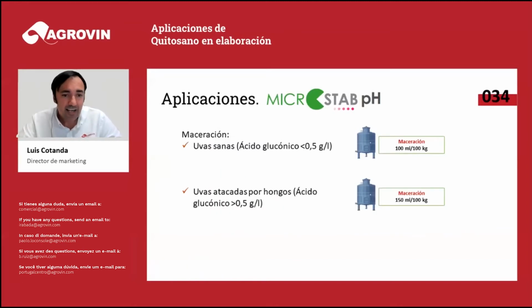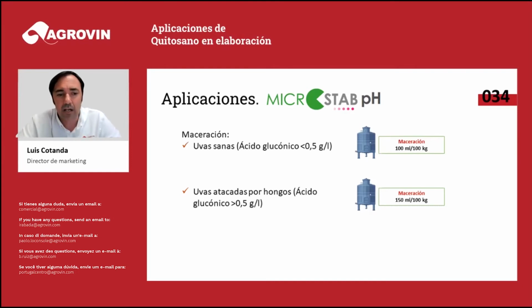As we have seen, the health quality of the grapes is going to determine the amount of microorganisms that we have present in the must, and this will enable us to know what dosages we need to use. Gluconic acid is a parameter that for some years is being measured regularly in cellars or wineries, because they use it as a measure of the quality of the wine.